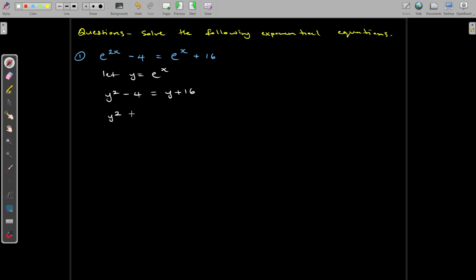So this is y squared minus y minus 20 is equal to 0. Now, applying the AC method, this is going to be y minus 5 and y plus 4. So y is equal to 5 or y is equal to negative 4. However, this is not a valid solution.